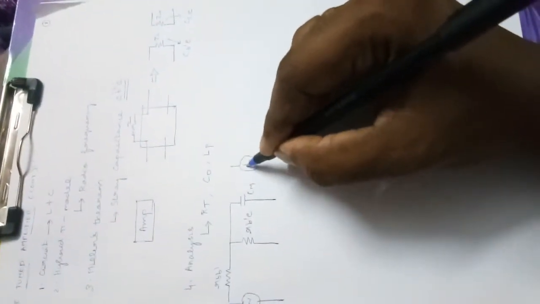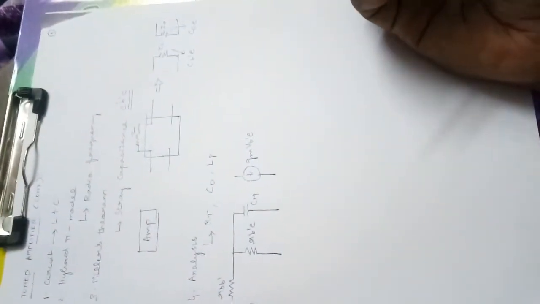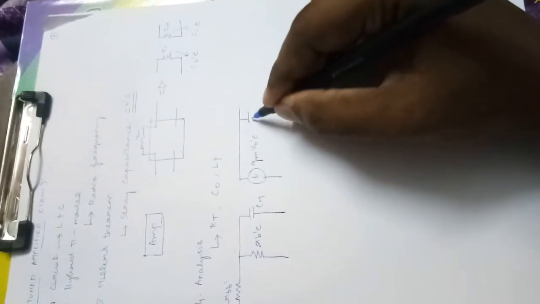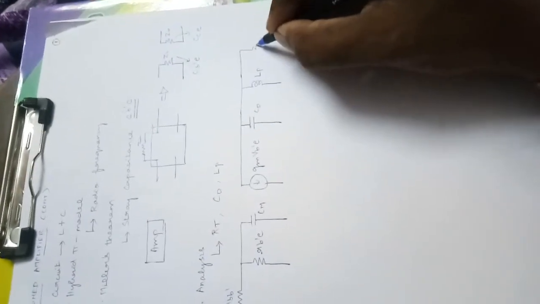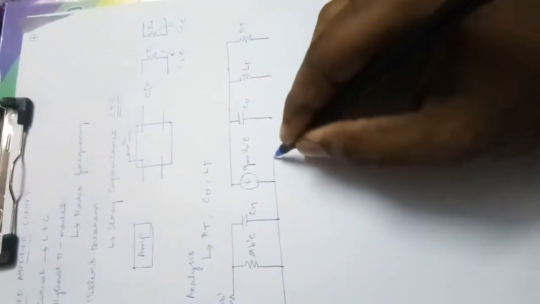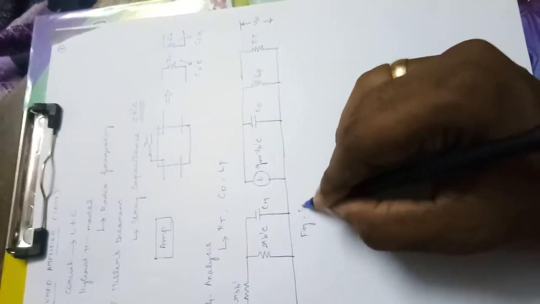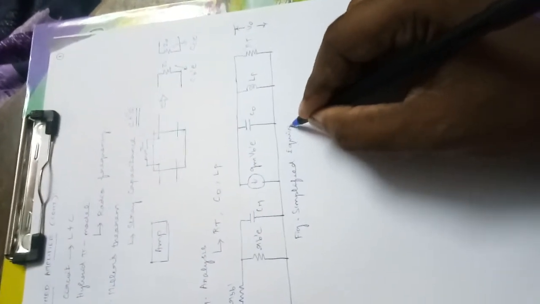The output portion is connected to a current source Gm into Vb prime E, whose output is connected to a capacitor C0, an inductive component LP, and a resistive component RT. We took the output voltage as V0. This figure represents the simplified equivalent circuit of a tuned amplifier.